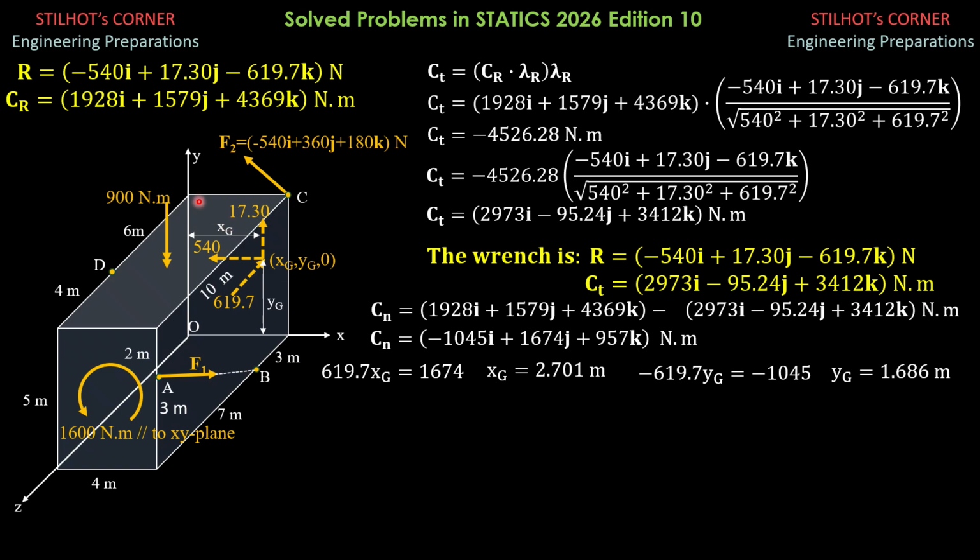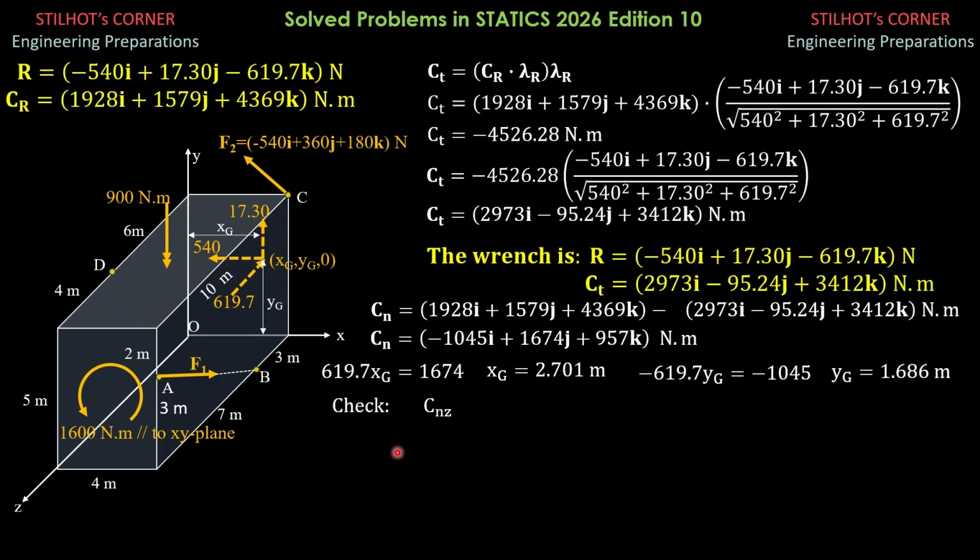Now we check the z component of C sub N, which is 957. Based on these components of the resultant force and the calculated xg and yg, moment about the z-axis is positive in that sense. 17.3 is positive, 540 is also positive. That is 17.3 times xg plus 540 times yg.